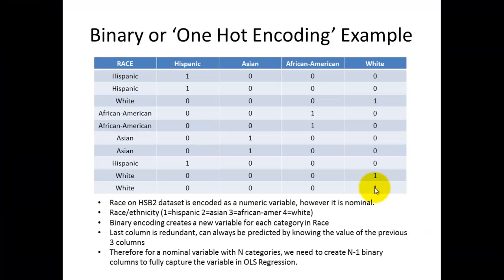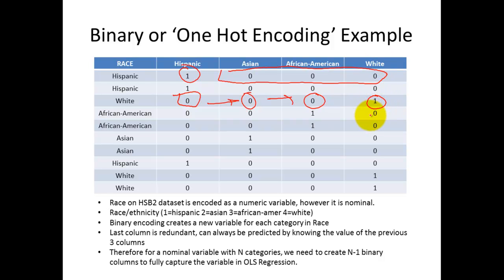For example, if I know that the value of Hispanic is 1, then I already know that the student cannot be any of these other races, so they have to be set to 0. Similarly, if I know that the value of Hispanic is 0, the value of Asian is 0, the value of African American is 0, then out of the remaining races, there's only 1 left. So without even looking at the 4th column, I already know the value of white will be 1.